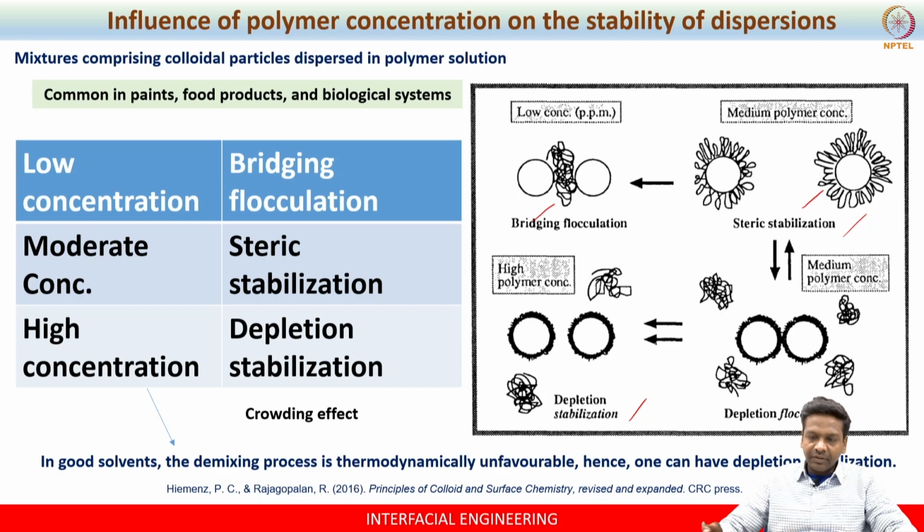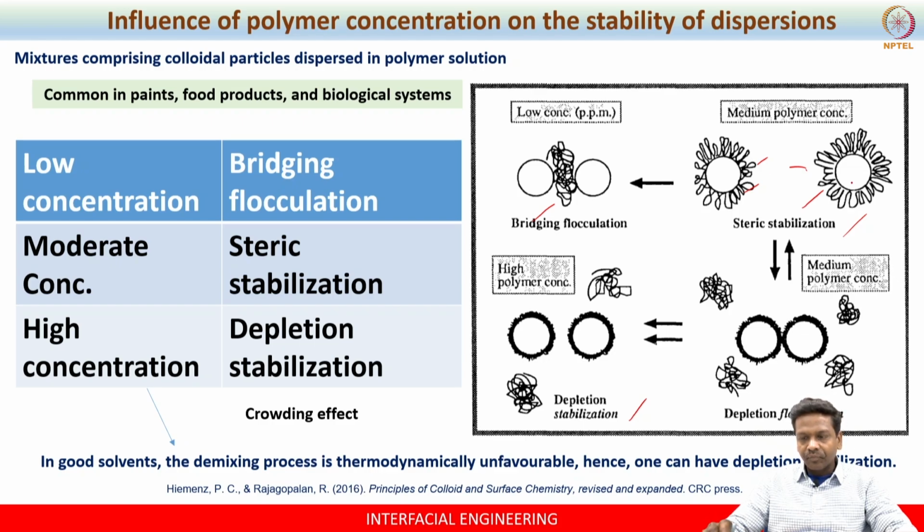In this case, these polymer molecules will act as brushes, right? So when they approach each other very closely, they cannot penetrate any further, unless force is applied from outside the particle, right?